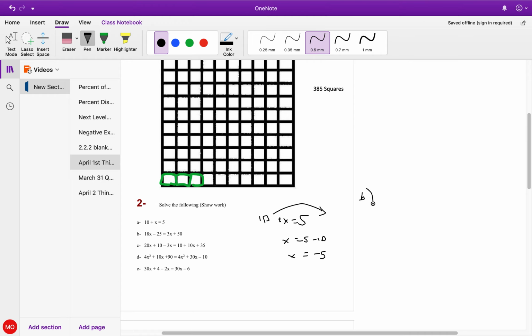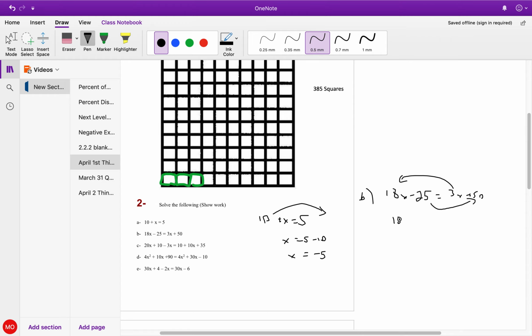So for b, we have 18x minus 25 equals 3x plus 50. I'm doing this with my mouse right now. I'm getting a pen shipped to me soon, so I'll have a little pad, so hopefully it's a little bit cleaner. I'm going to move this over here and this over here.